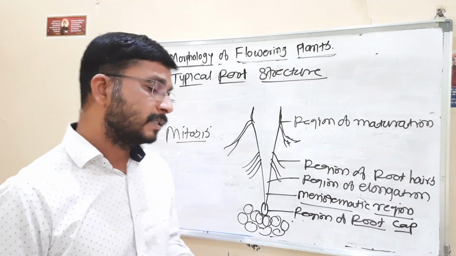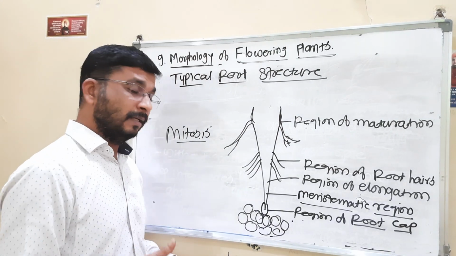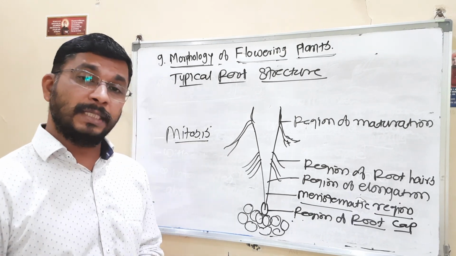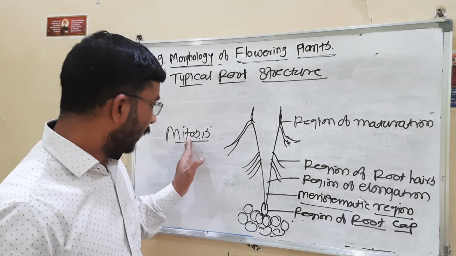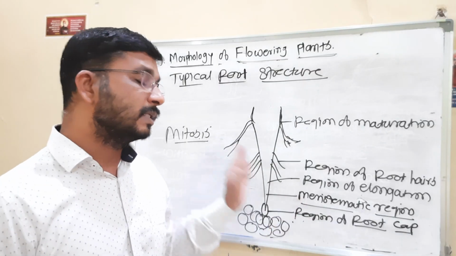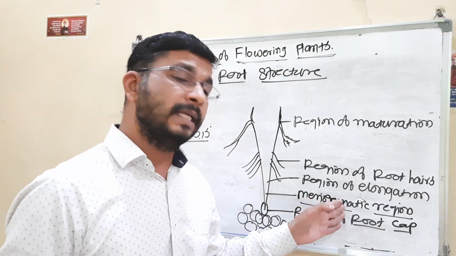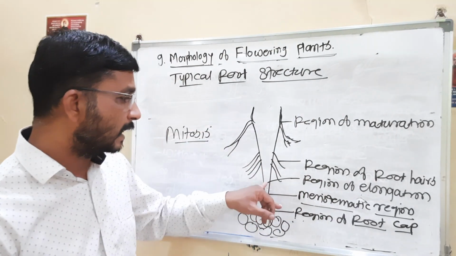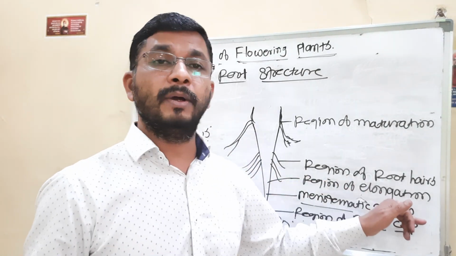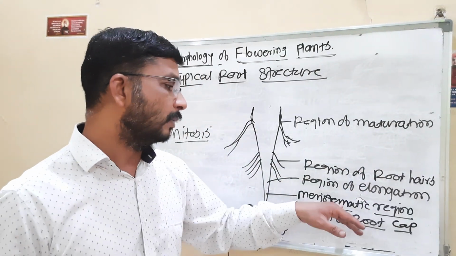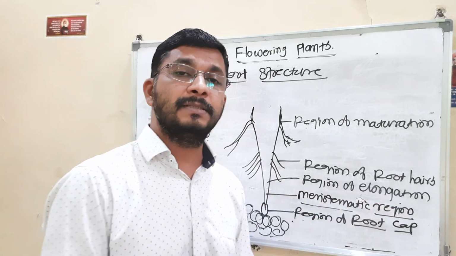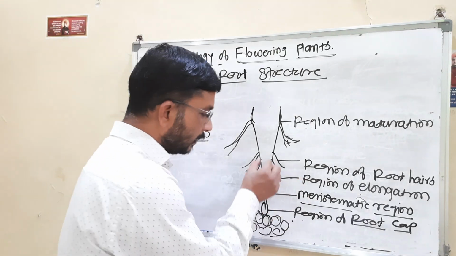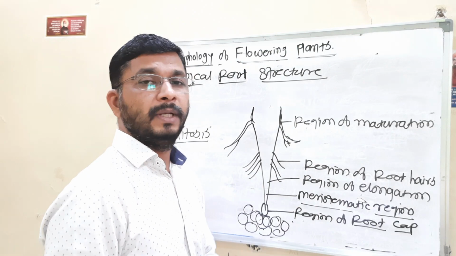It is a type of cell division in which one cell divides and redivides. Mitotic division is also called equational cell division. Due to that, growth takes place. This kind of cell division happens in the meristematic region. These cells then elongate. That's why the next region is the region of elongation. Because cells inside the meristematic region continuously divide and redivide, this region elongates. That is called the region of elongation.